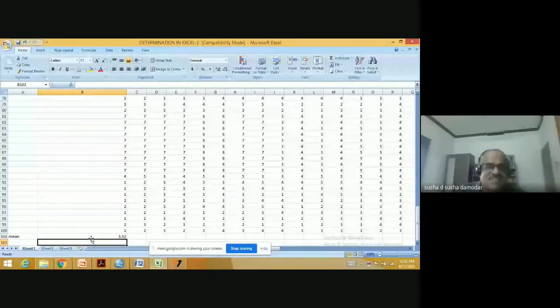So against the first statement, we calculate the mean of the responses of the 100 respondents, upon which we calculate the mean value 3.52.